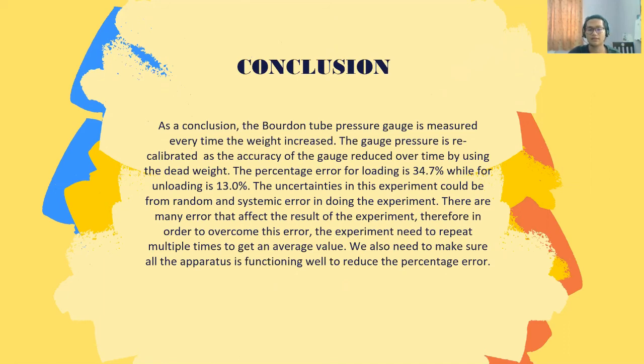The uncertainties in this experiment could be from random error and systematic error. There are many errors that affect the result of this experiment. Therefore, in order to overcome the error, the experiment needs to be repeated a few times to get an average value. We also need to make sure that all the apparatus is functioning well to reduce the percentage error. That's all from us. Thank you.